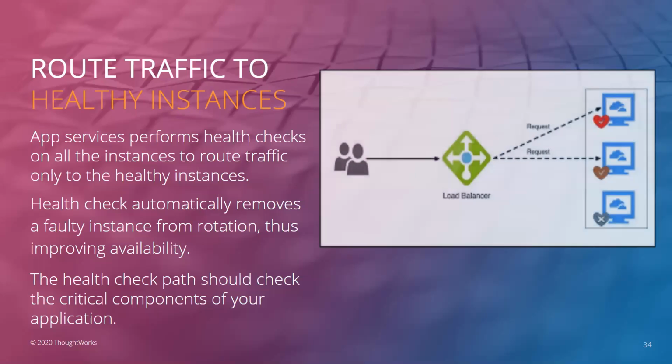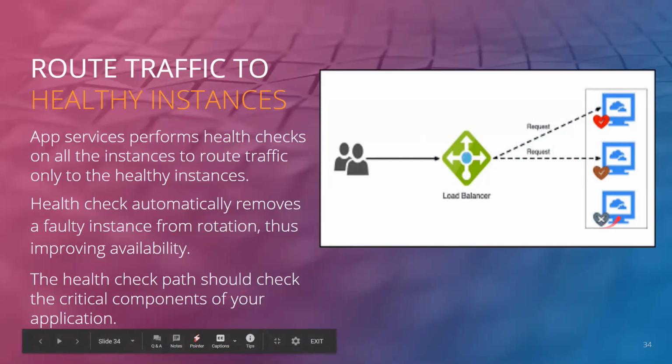As you can see in this diagram, let's say we have three instances of our application running on the Azure App Service. If one instance goes down, the App Service automatically rolls that unhealthy instance out of the rotation from the load balancer.